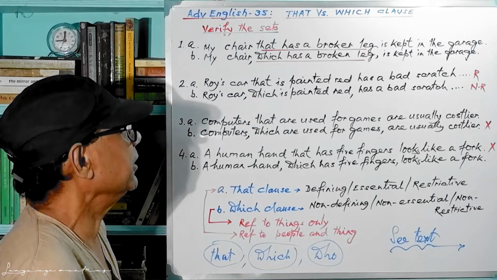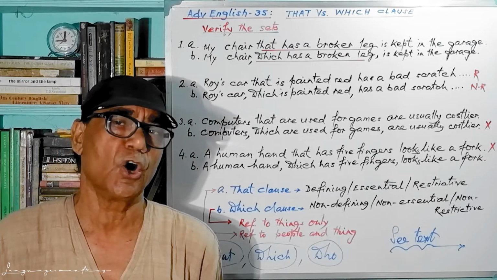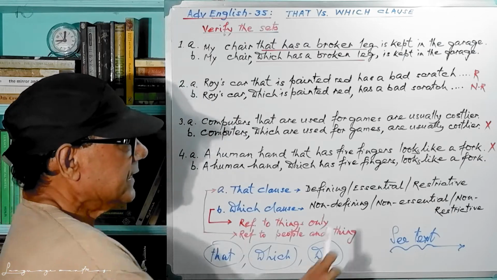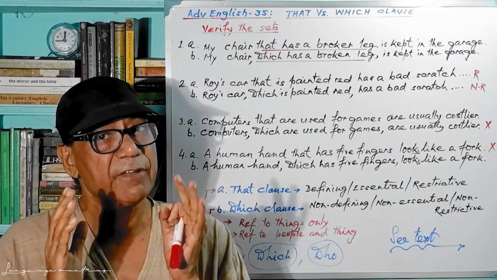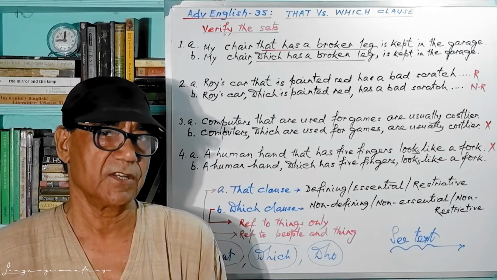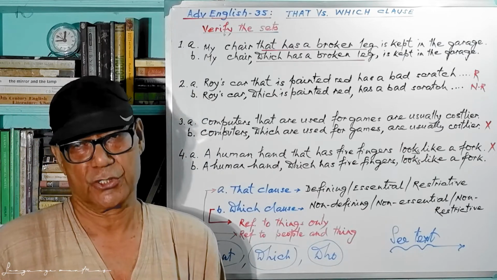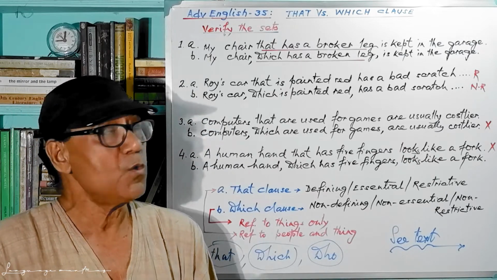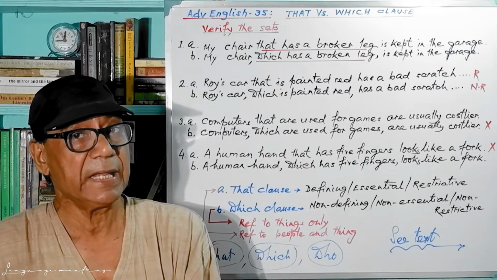When I say my chair that has a broken leg, this clause is essentially used in a restrictive sense. This is a very essential part of the sentence, and this is actually a defining clause also. That means without this clause, the sentence becomes meaningless.